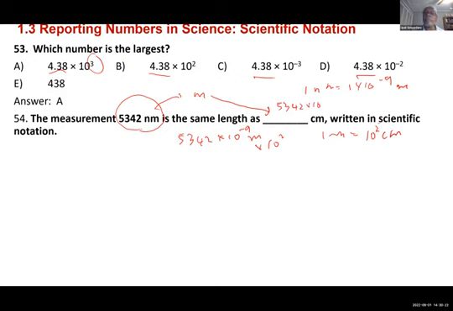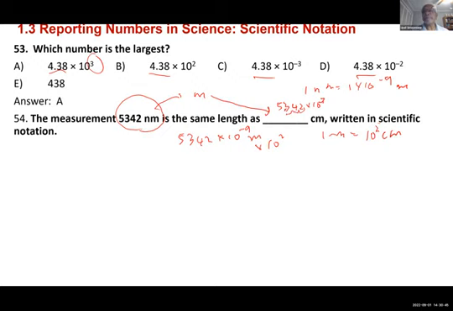You subtract, negative 7. So when you convert it to scientific notation, you have to move this to this place. 1, 2, 3.